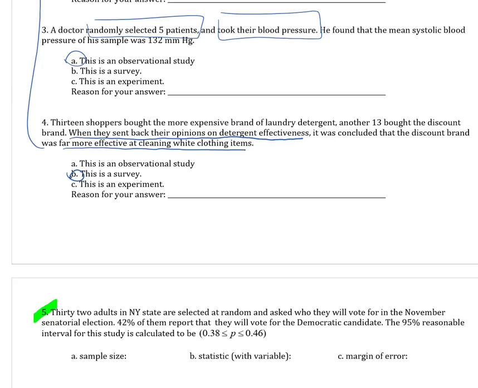You had your people really just self-select themselves to fill out the surveys and turn them back in. Okay, so this was more of a self-selecting survey where the people who chose the discount brand weren't assigned to it, they chose it themselves. And then furthermore, they chose to include their opinions on it.